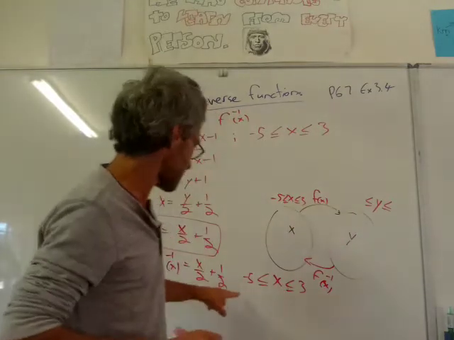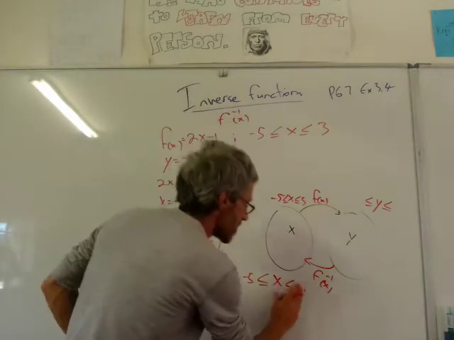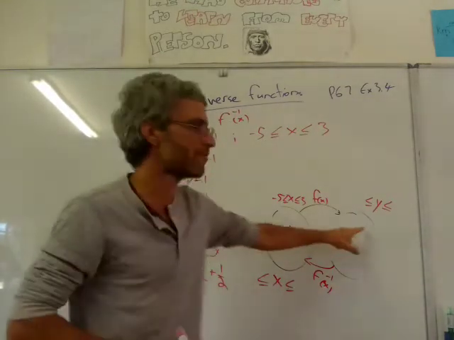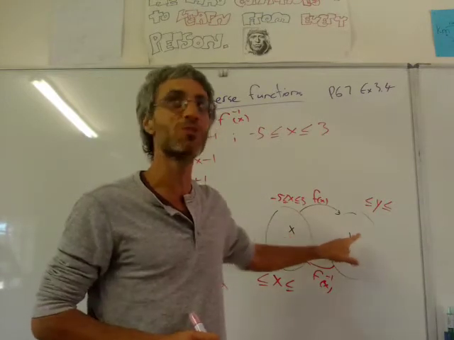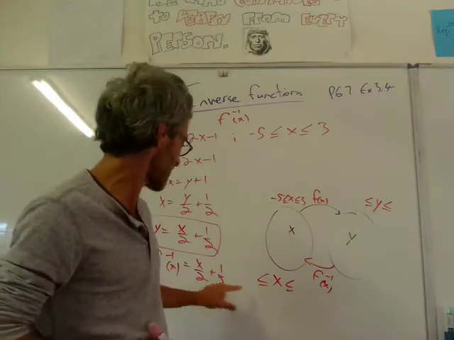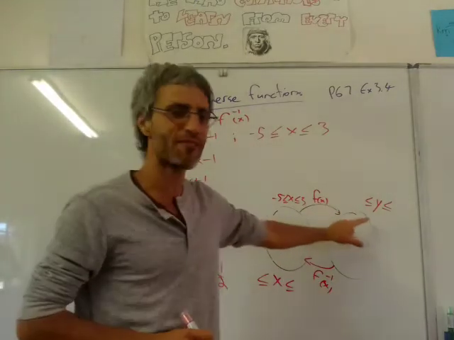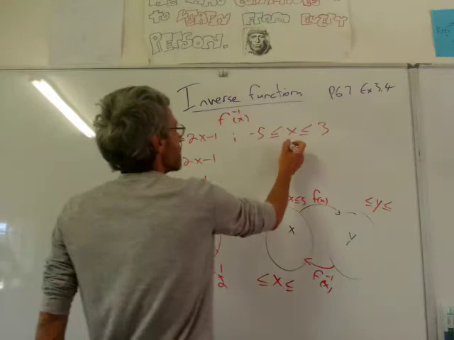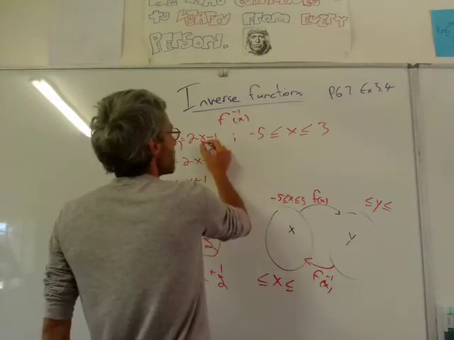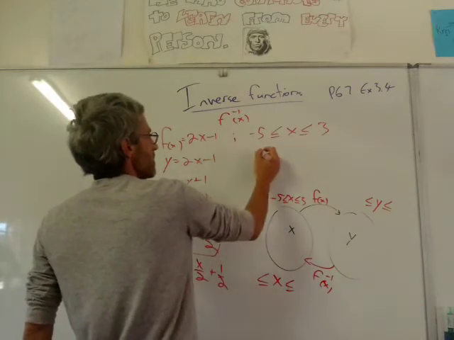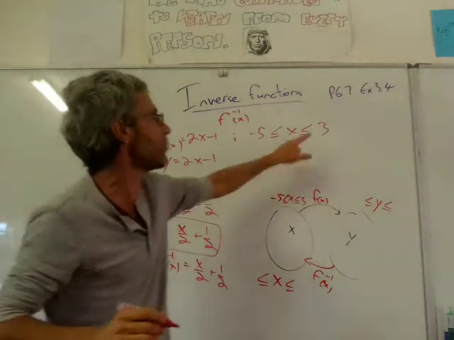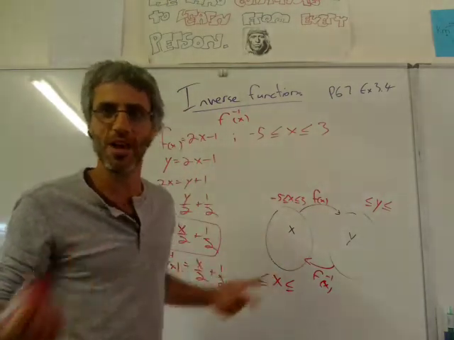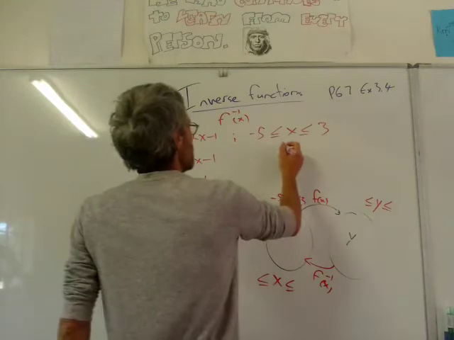So to find the right domain of x in the inverse function, I need to find the range of y's. How would I find the range of y's? No problem. I put into the initial function 2x minus 1 the values 3 and minus 5, and then I will know the y's.